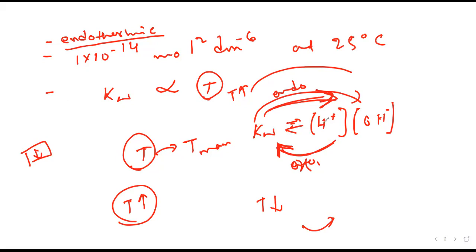Obviously, we don't have any other source of heat. We have to release energy, so that's what the system does. From its inner side, it releases energy to the surrounding. That's why the equilibrium moves in the backward direction to increase the temperature and regain the equilibrium position.